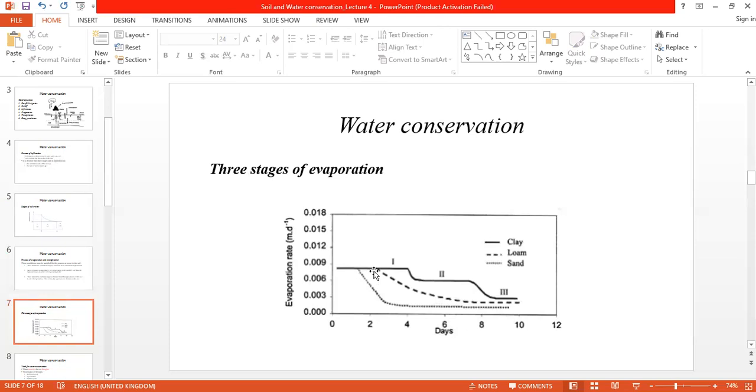It will keep evaporating until it reaches a stage where the excess water in the soil has all gone, the water in the pores.